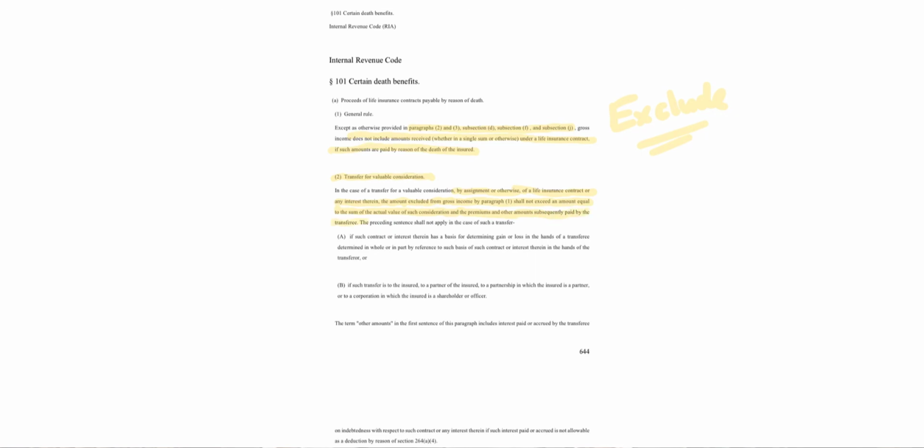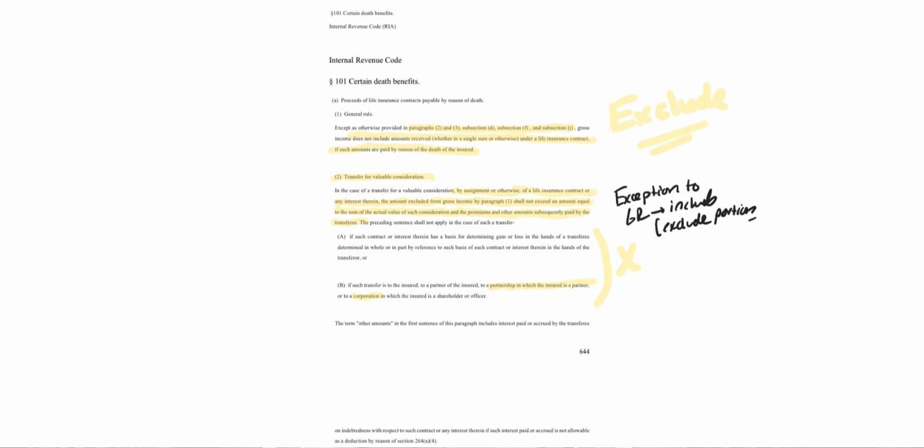And the preceding rule shall not apply if the transferee's basis in the contract is determined by reference to the transferor's basis, or if the transfer is to a corporation or partnership. So these exceptions, these exceptions to the exception, do not apply. So we've got an exception to the general rule, which means we do have to include, but we do get to exclude a portion.